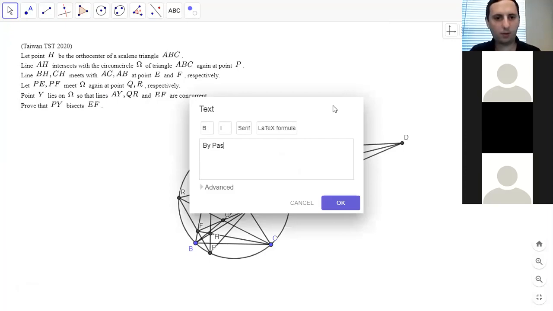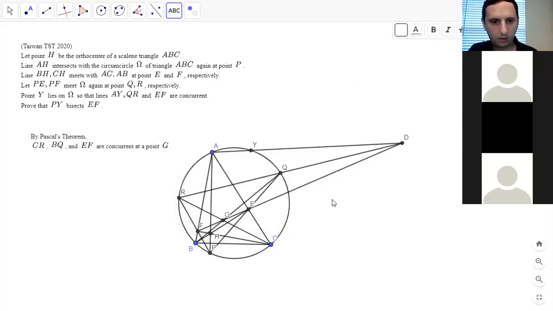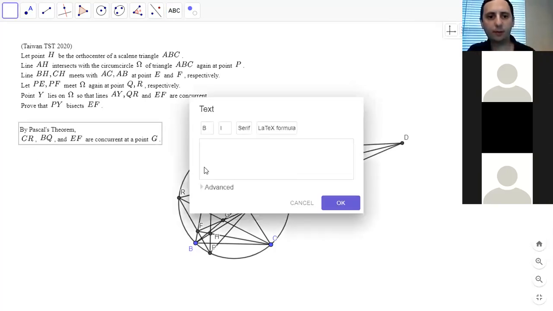So by Pascal's theorem, CRBQ, BQ and EF are concurrent. We'll say at a point G, and then by a well-known lemma, AG is the Symmedian of triangle ABC.